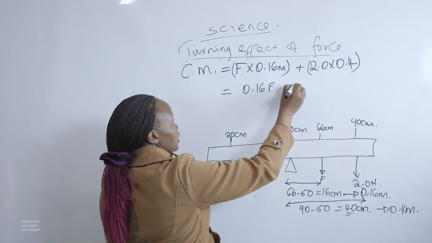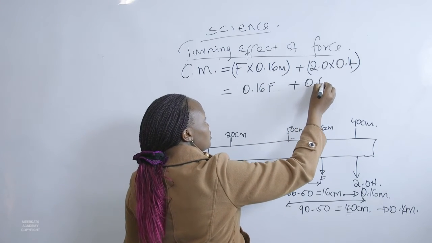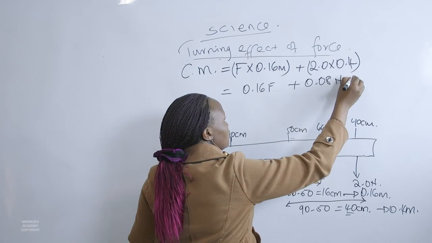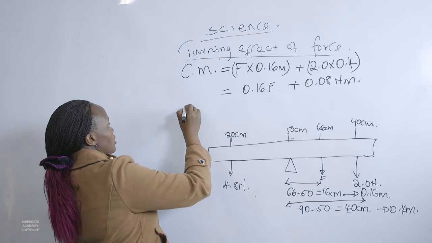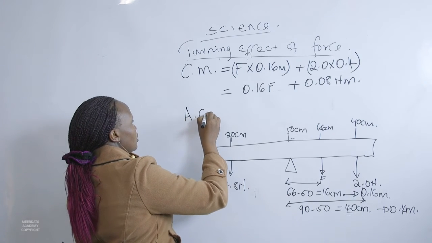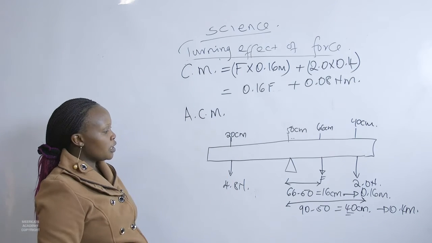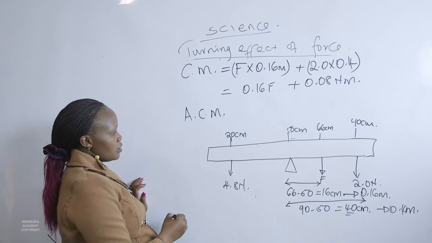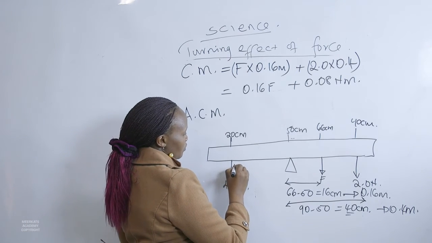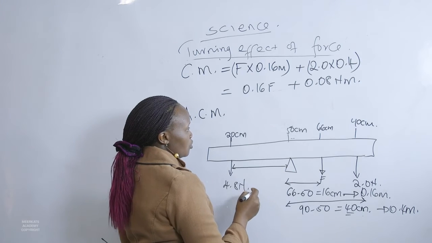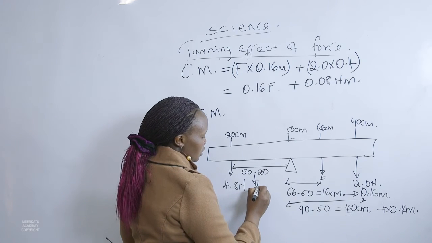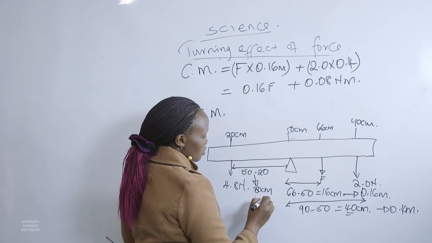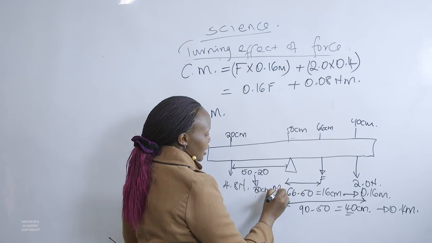Now, this will be 0.16 F, then we add to 0.08 Newton meters. Now, the anti-clockwise direction will give us anti-clockwise moment as the distance from the line of action to the fulcrum, which will be 50 minus 20, giving us 30 centimeters, which is equivalent to 0.3 meters.